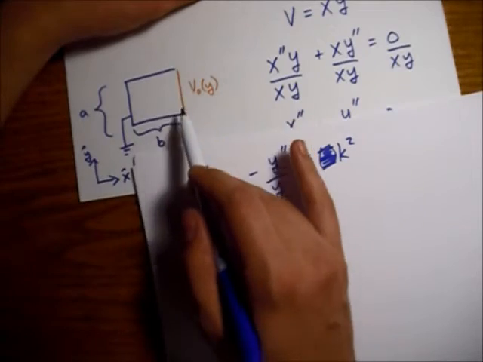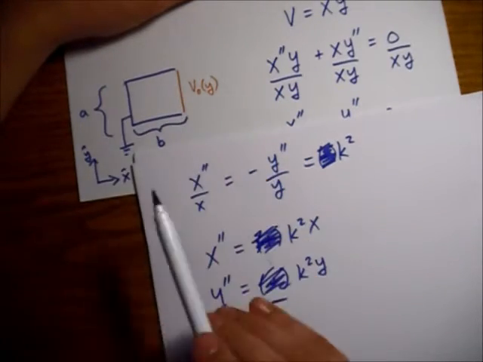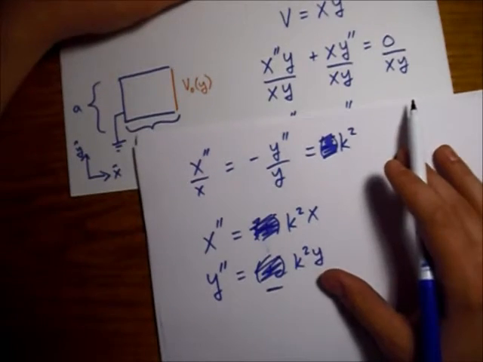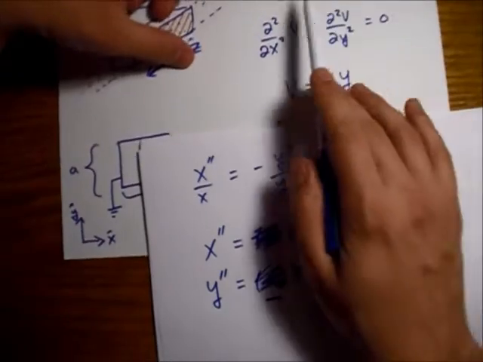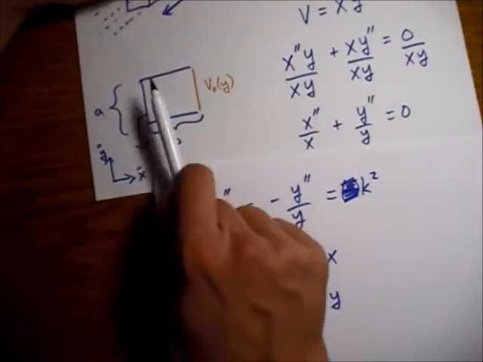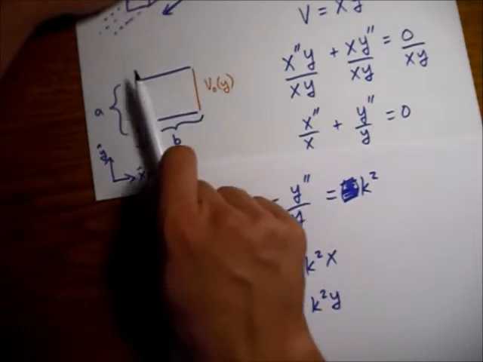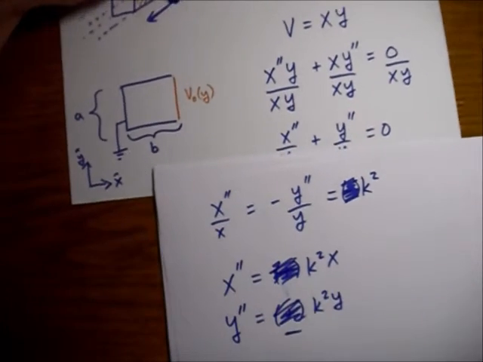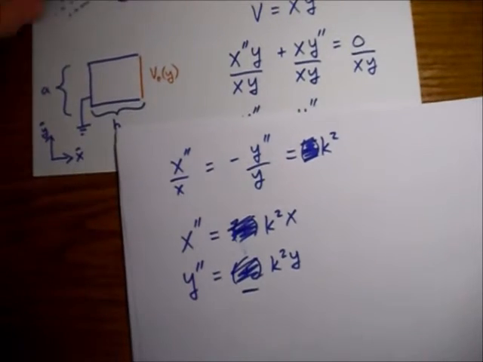It's because this side is not equal to 0. If all four sides were grounded, then Laplace's equation would tell us that the potential is 0 everywhere inside the cross-section of this tube. So it still works, but it's 0, so not very interesting.